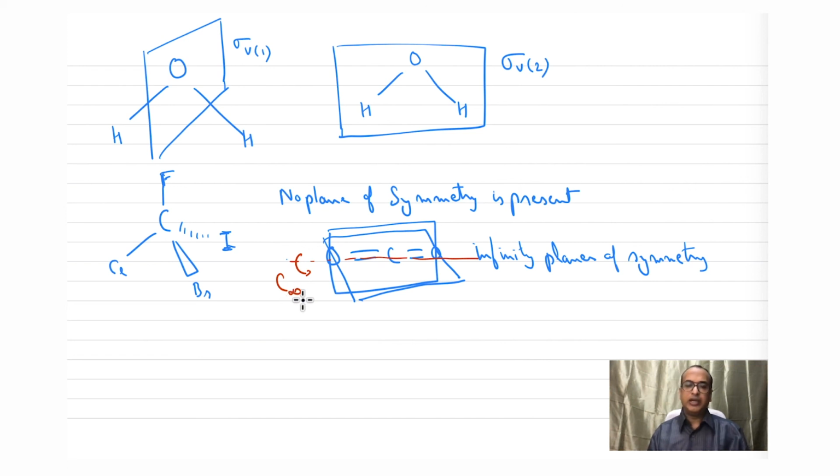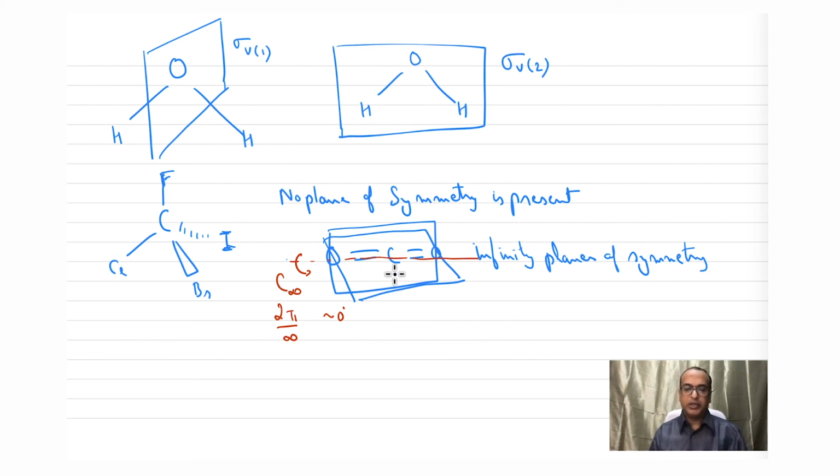So C infinity is again where the rotation is by 2 pi by infinity, that is, rotation is close to 0 degree. Any rotation about this molecule will give rise to an equivalent configuration. That means it will have infinity such planes, right? This axis will be called C infinity.